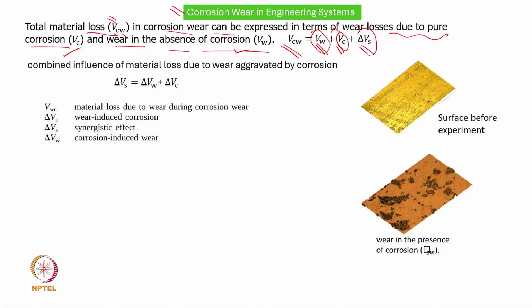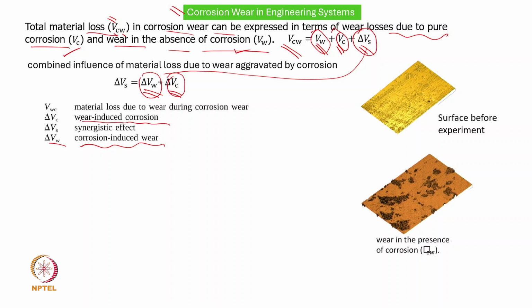So this is the synergistic effect, delta V_S, that we are showing. Now this delta V_S can be expressed in two terms: delta V_W and delta V_C. Delta V_W is the corrosion-induced wear, while delta V_C is the wear-induced corrosion.